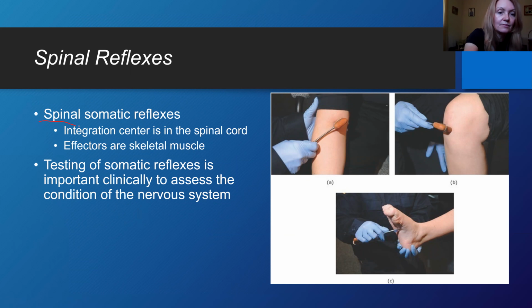That's what we call spinal. Somatic means that the effector is going to be a skeletal muscle, right? So effectors are skeletal muscles. Testing of somatic reflexes is important clinically to assess the condition of the nervous system, right? And you probably at some point in your life were tested for spinal reflexes, all right?